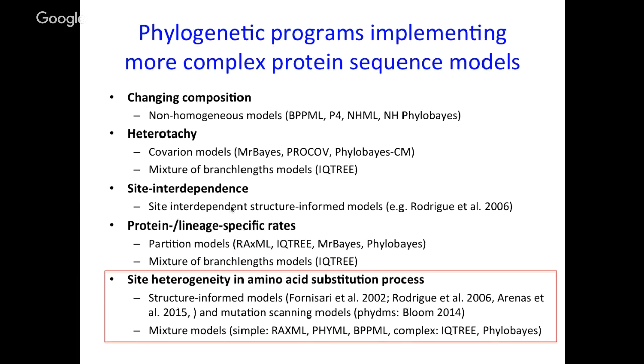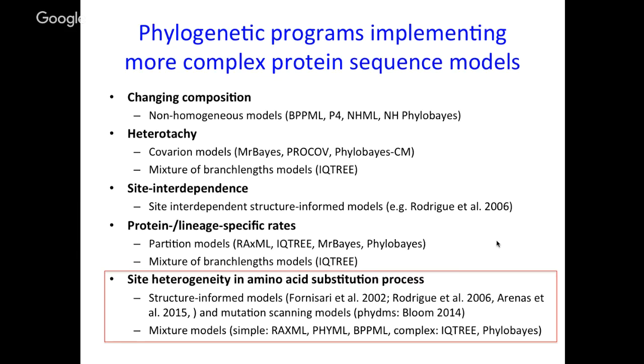I encourage people to go and look at work by Jeff Thorne, Nick Rodrigue, Nicolas Lartillot, and a number of others, including Richard Goldstein, who've really thought heavily about this site interdependence problem. But at this moment, phylogenetic models cannot really be used for large concatenates using site interdependence.